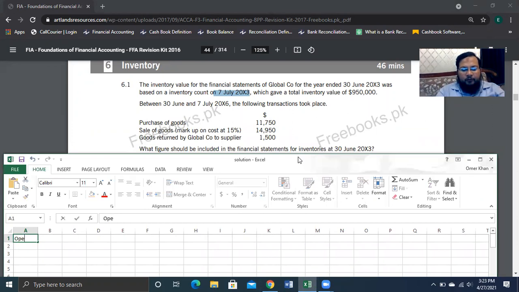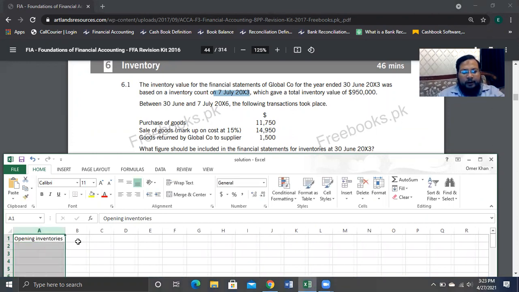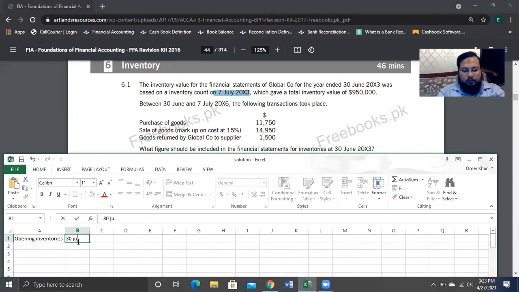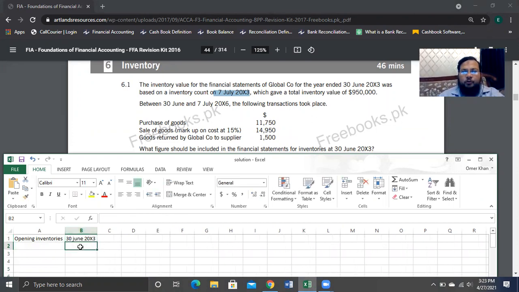So first of all, we have inventories in this question. The date will be 30th June 20X3. Because we have two dates in this question, one is 30th June 20X3 and the other one is 7th of July 20X3.